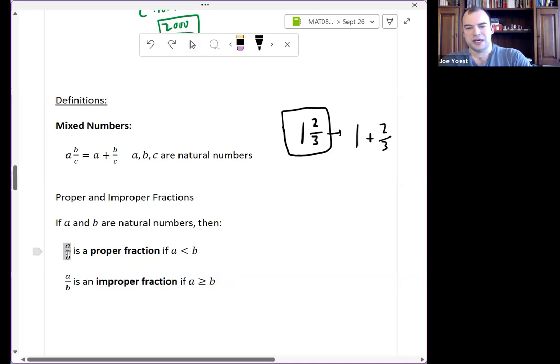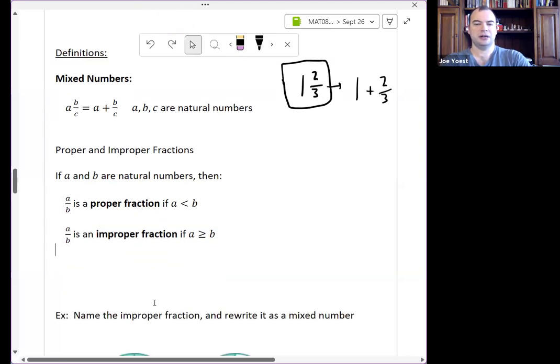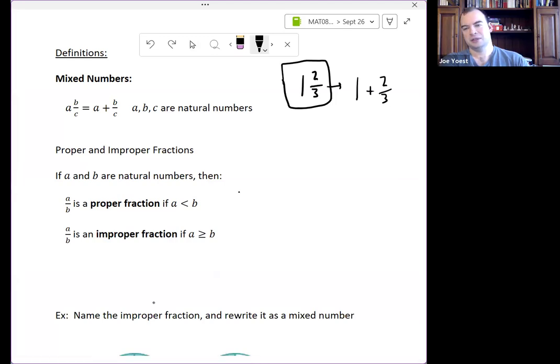We could also look at fractions just like a over b, and we might realize that there are a couple different forms of fractions that we can consider. We can consider fractions where the numerator is less than the denominator, like 3/5 or 1/4, something like that.